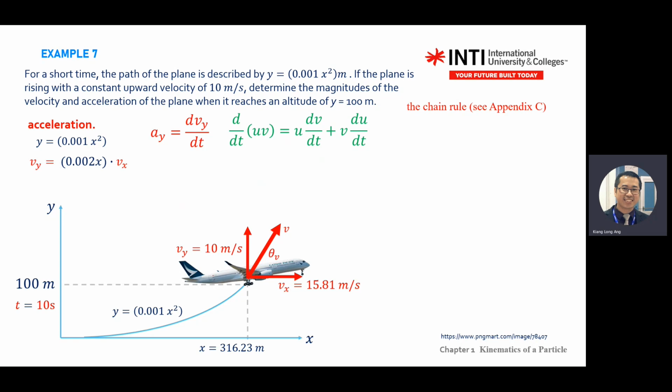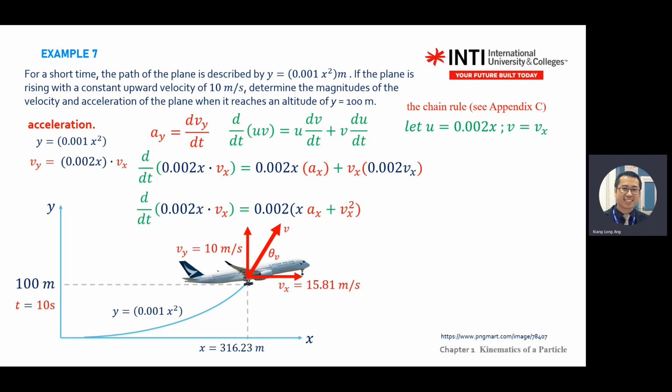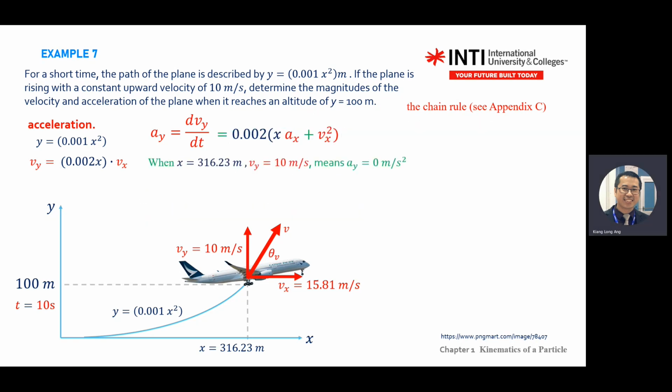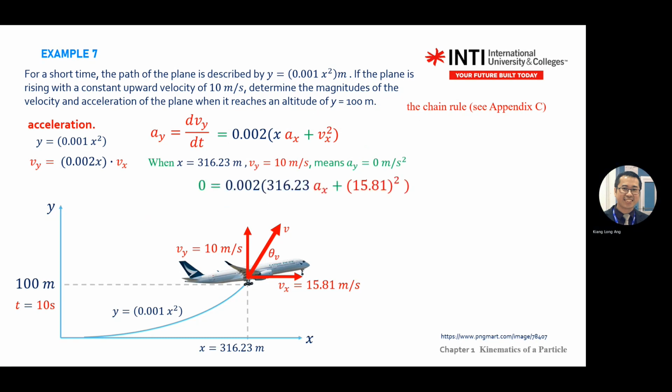I don't need to explain this; go and study it. Let u equal something, v equal something, substitute, and do the differentiation. So this is your acceleration. Then substitute values accordingly and you will get a.